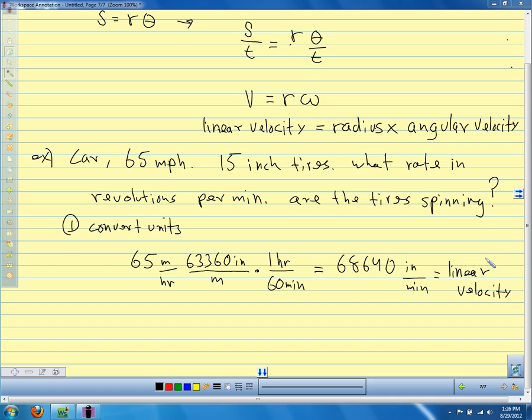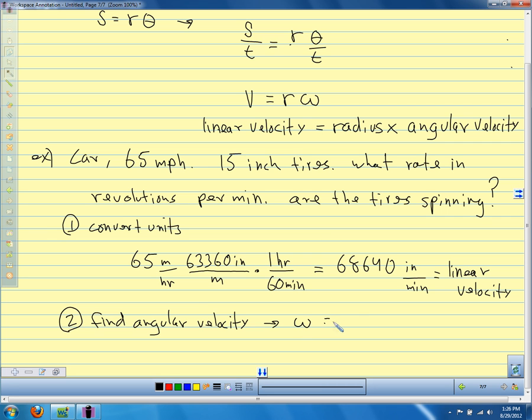And the first step is we want to find the angular velocity. So from this formula, v equals r omega, we can divide both sides by r.